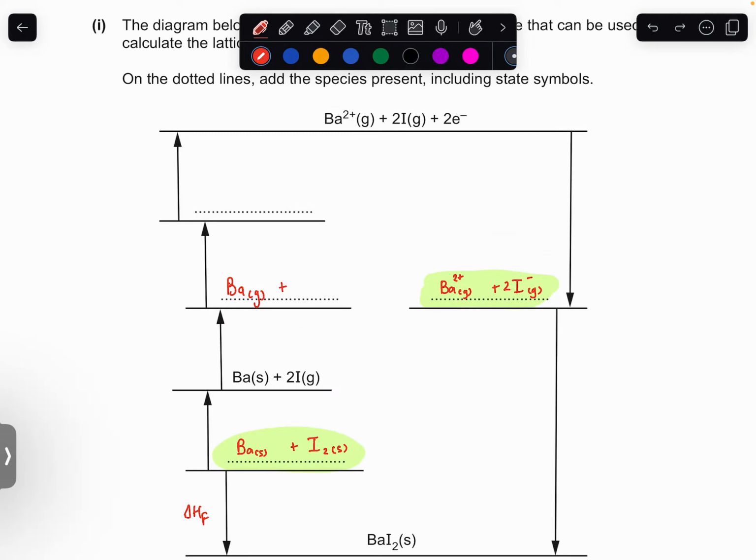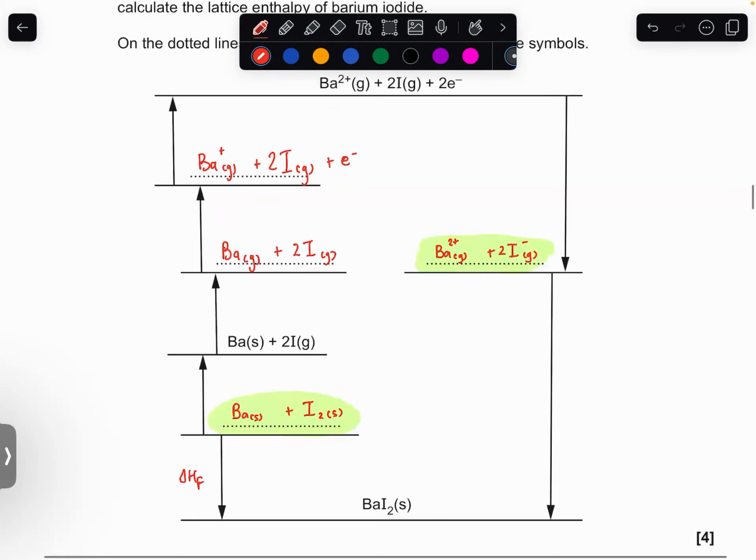So we've atomized the barium, and the 2I gaseous stays the same. We'll do the first ionization energy of barium. You've got that 1 electron there. And then you've got the second ionization energy. And we've completed our cycle.